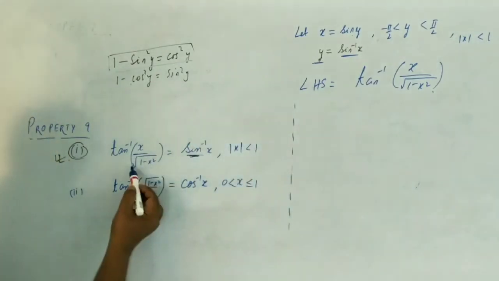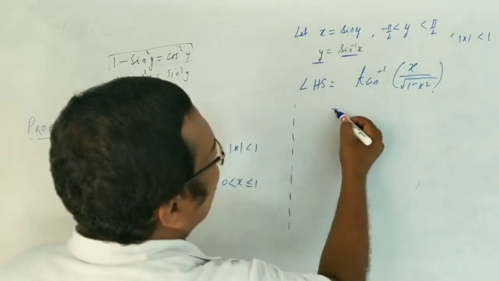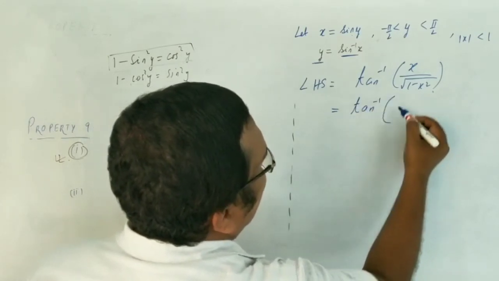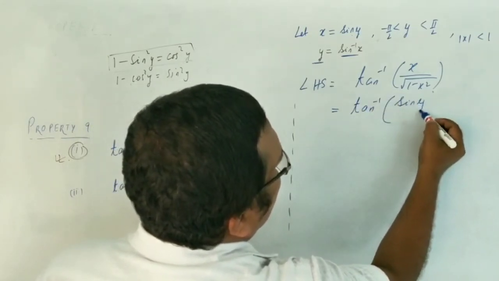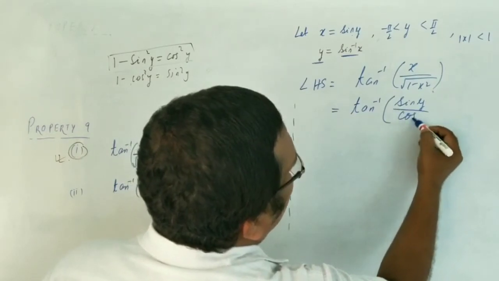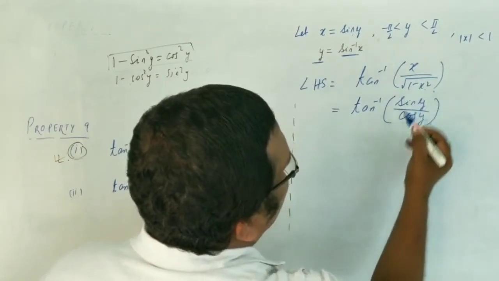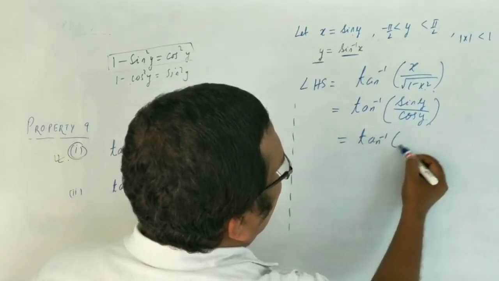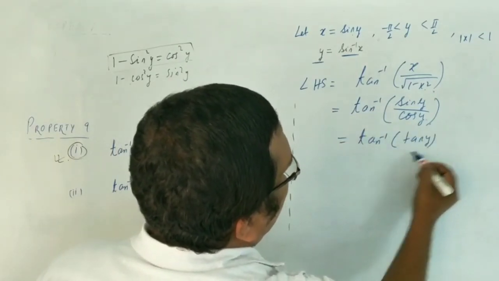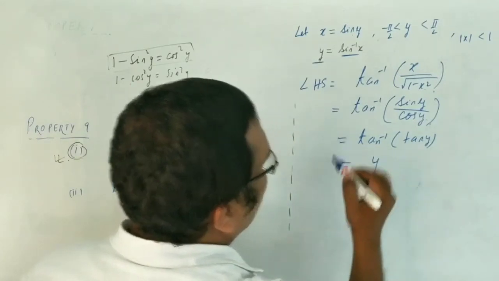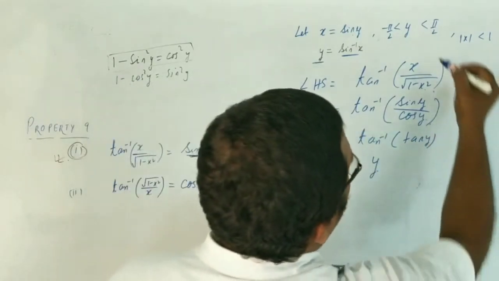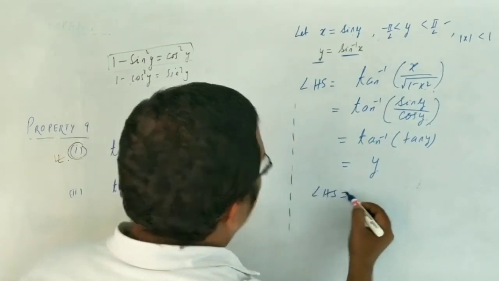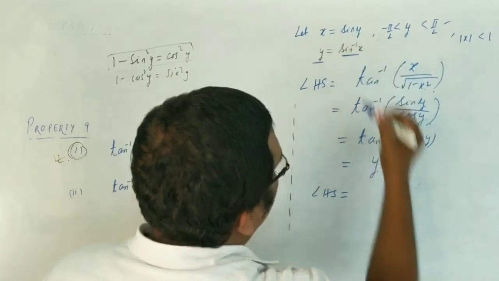So LHS, I will copy this there and replace x with sin y. By 1 minus sin square is cos square. And this is equal to y. We know y is, therefore, equal to y.